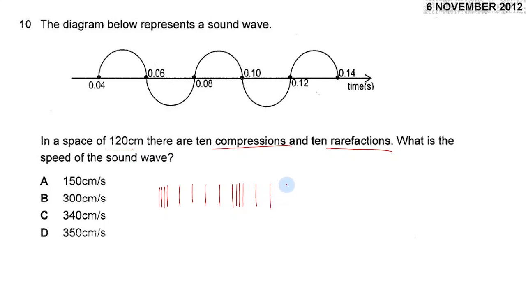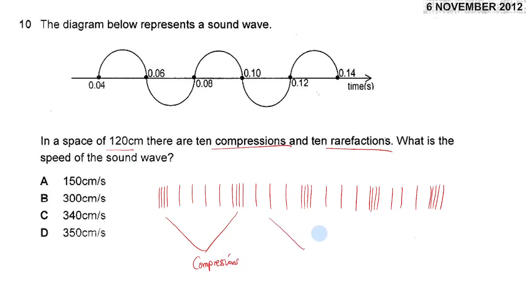Okay, so like in what I'm drawing here, I want to demonstrate what rarefactions and compressions are. In this drawing, these regions where the particles are closer, these are what we call compressions.